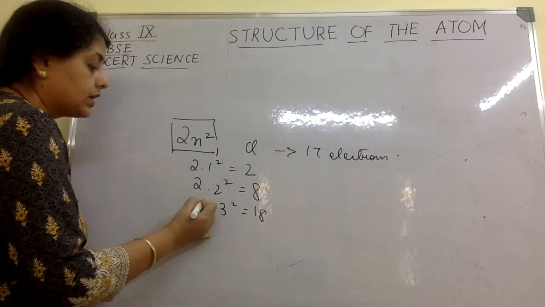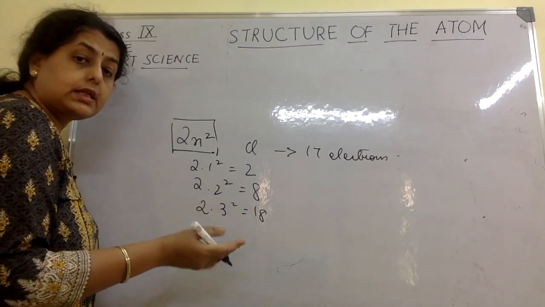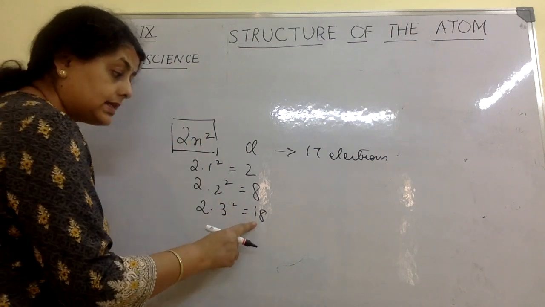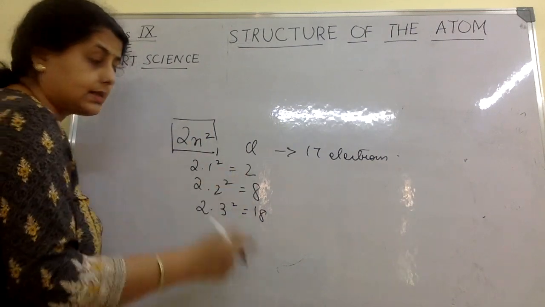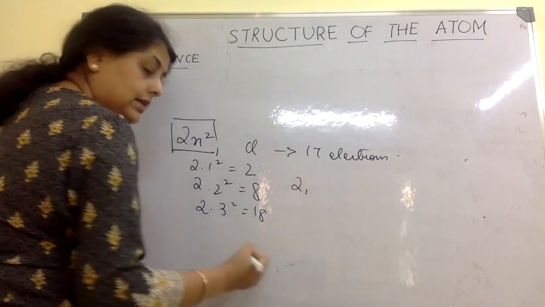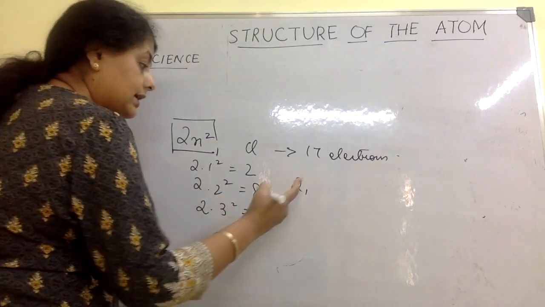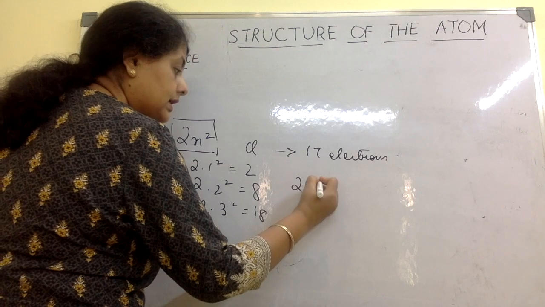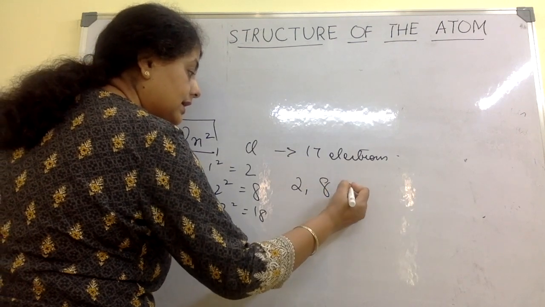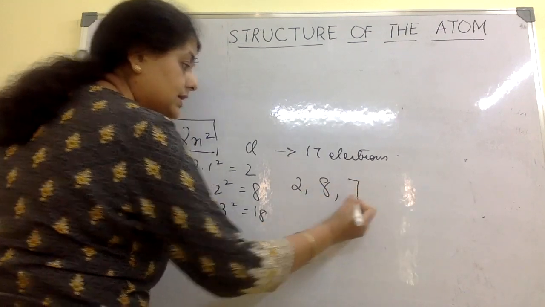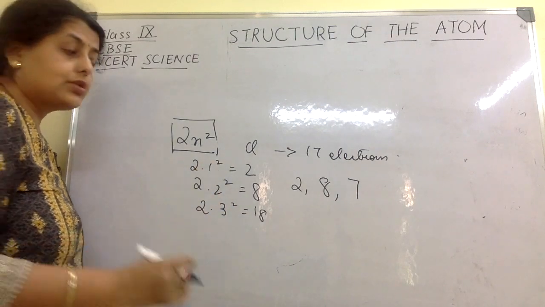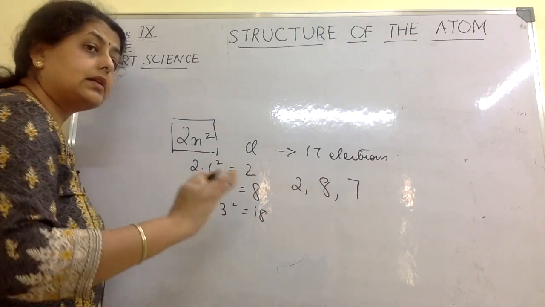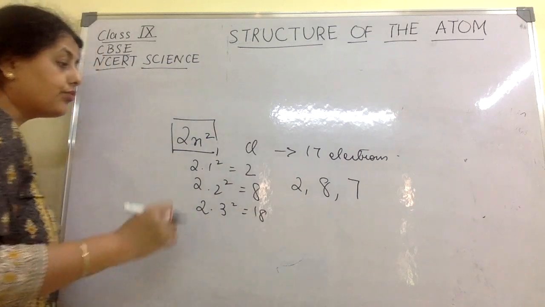But then let's see how much the third orbit actually gets. We can write it like this: 2, second is 8, that makes 10. Third gets a 7. So this is the most the third can get here.